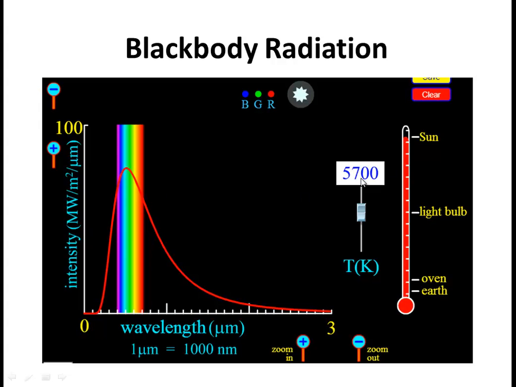So at a very high temperature, about the temperature of the surface of the sun, maybe around 5,700 degrees Kelvin, you have radiation coming off of that object with a broad range of wavelengths.